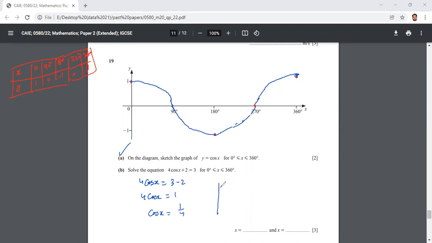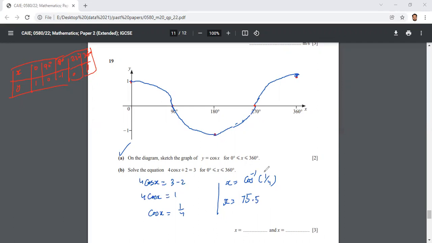We require x, the angle, so x equals cos inverse of 1 over 4. Using shift cos of 1 divided by 4, that gives me 75.5, to one decimal place. Now, here we have two answers for x, not one.